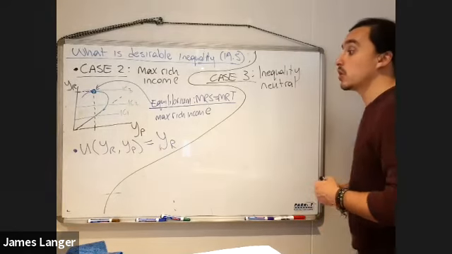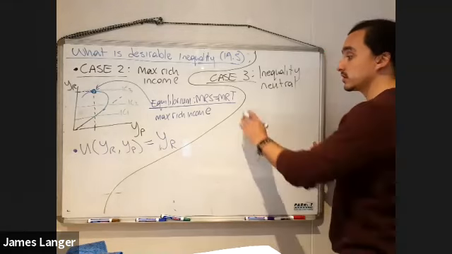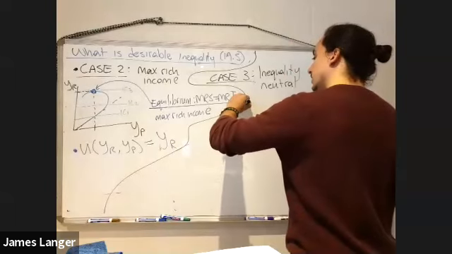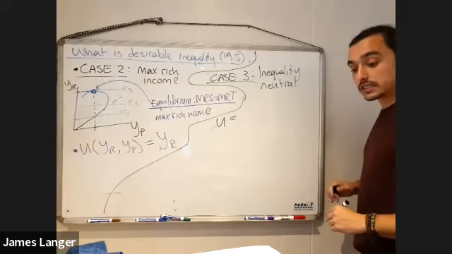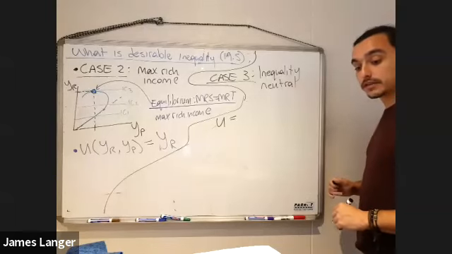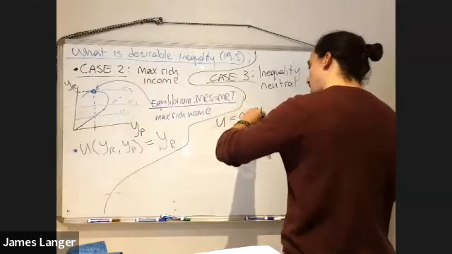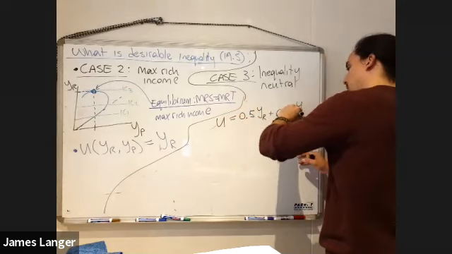Okay? So what we do here, I'm going to actually talk about the utility function first, right? In terms of the utility function, we would say U is equal to 0.5 YR plus 0.5 YP.